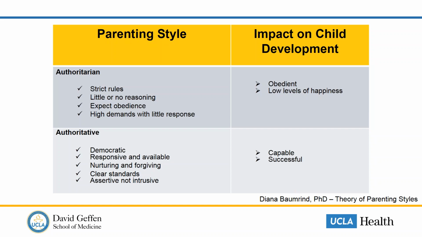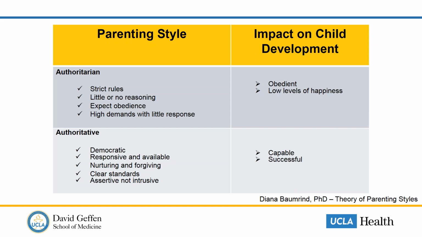Authoritative parents tend to be a little bit more democratic. They're responsive and available. While they have clear expectations, they are provided in a nurturing and forgiving way, and there's clear standards, and an assertion of what's appropriate, but it's not necessarily always intrusive.